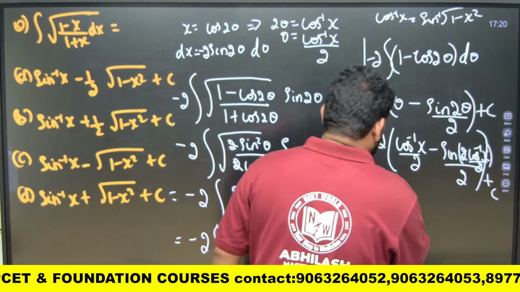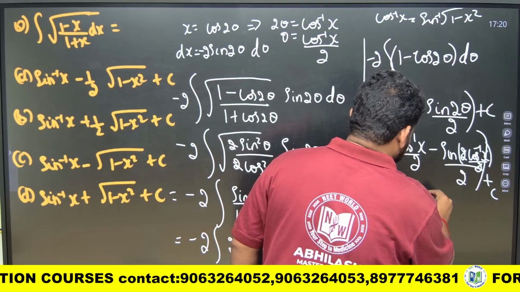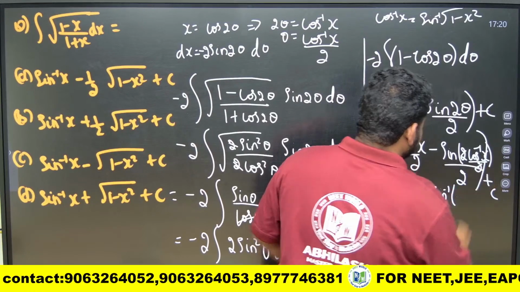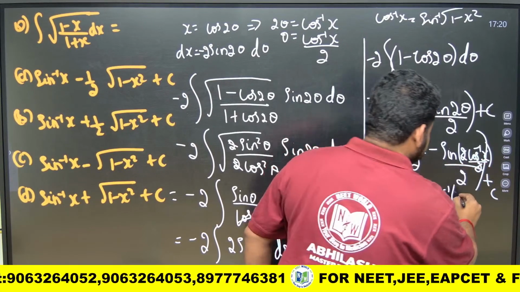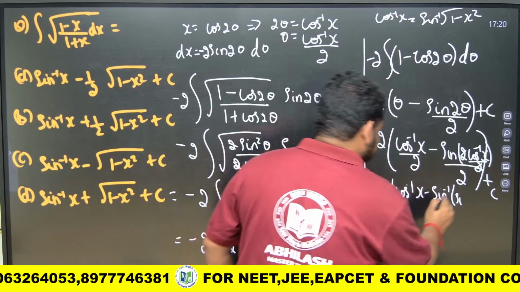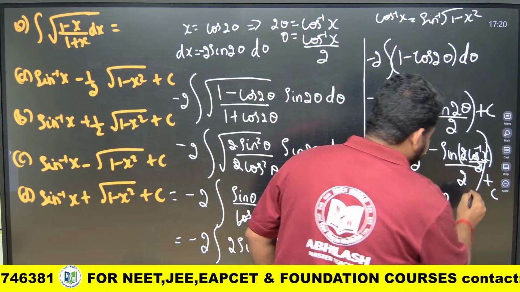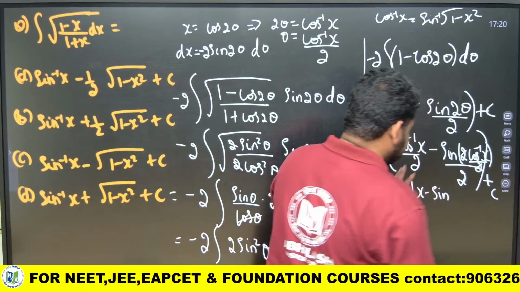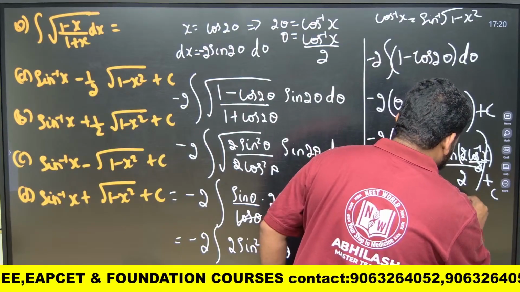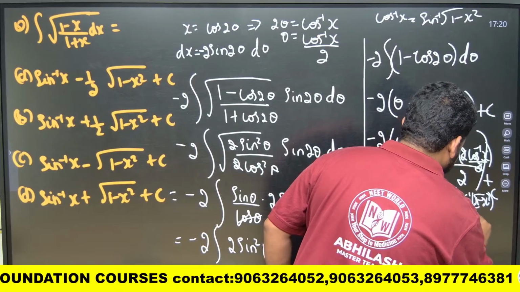So this becomes 2 times cos inverse of x, this 2 will cancel, minus sine inverse of square root of 1 minus x square divided by 2, plus c.